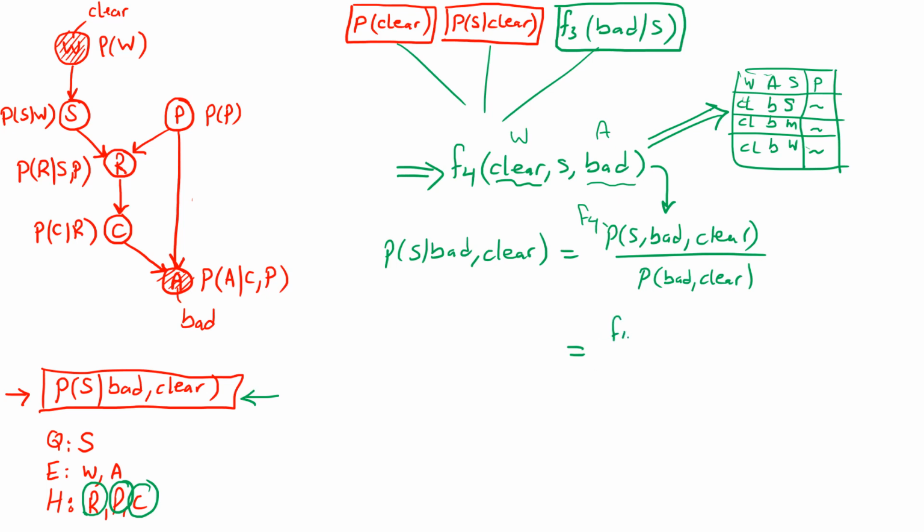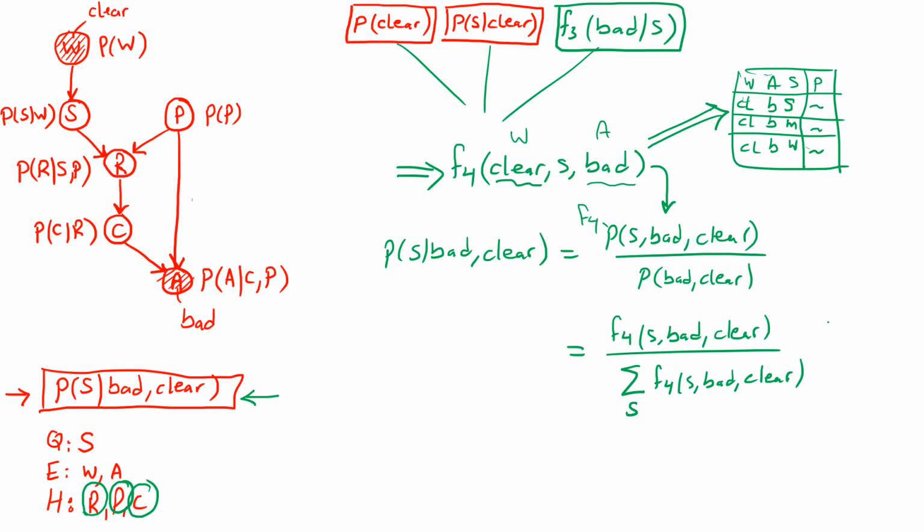So I can say F4 of S, bad, clear divided by the probability of the evidence, which is the sum of all of these values, in other words, eliminating S from F4 of S, bad and clear, so that we can get the probability of bad and clear from that table. Okay, is that clear?